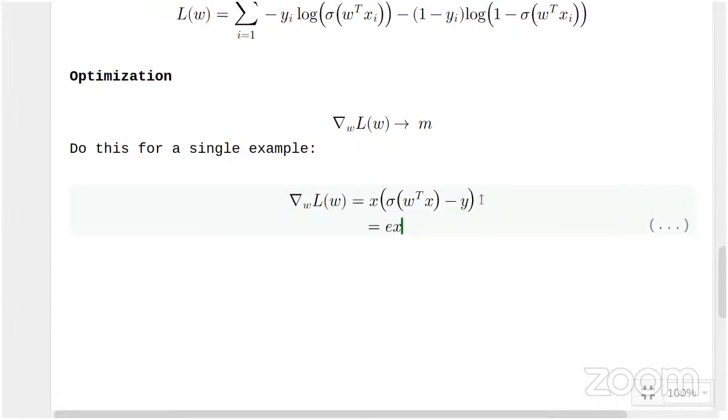It's actually a very powerful expression, because what it says is that when you're doing gradient descent for logistic regression, your gradient is made up of two parts. The first part is the error in prediction at that stage on a data point x, and the second part is the data point itself.